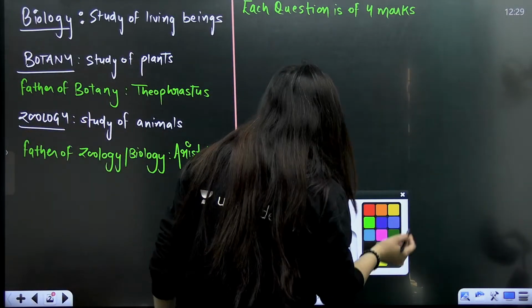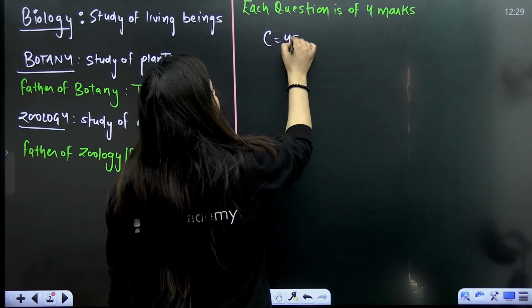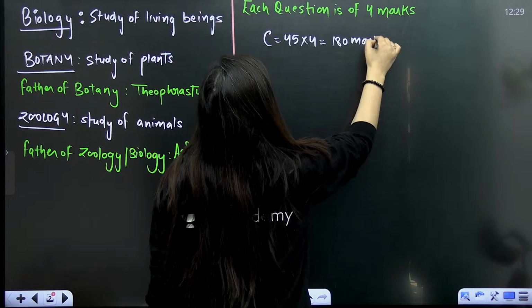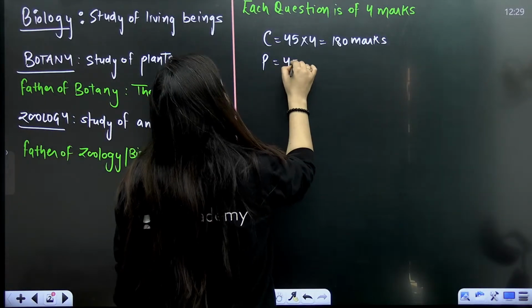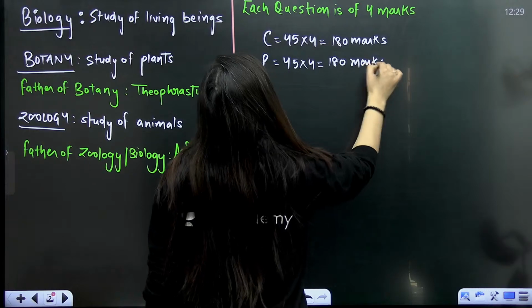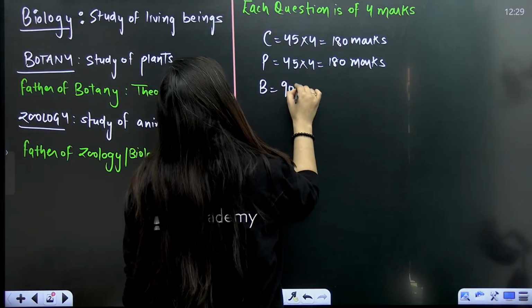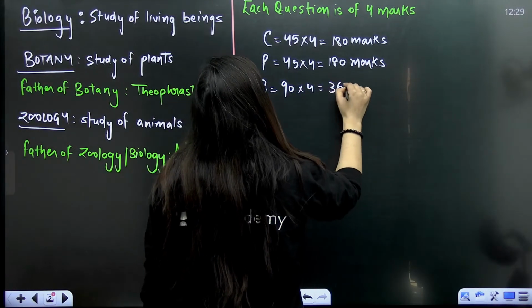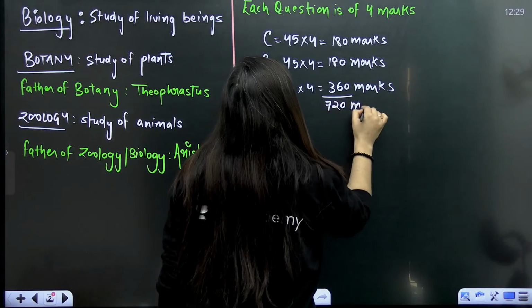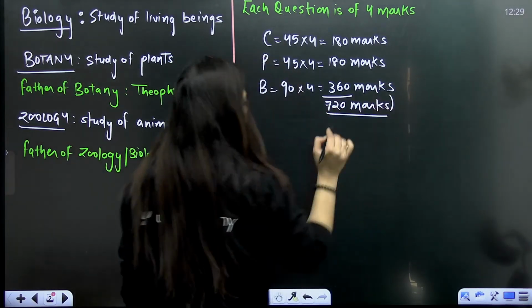So if you have chemistry, 45 questions, 45 into 4, it will be 180 marks. Physics, same, 45 into 4, 180 marks. And biology has 90 questions, so it will be 360 marks. That is why we have 720 marks here.